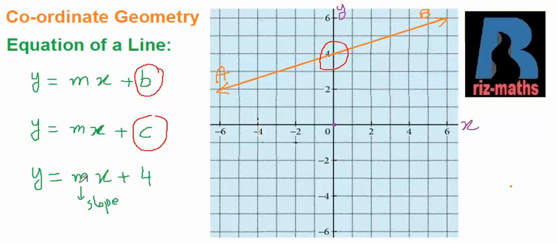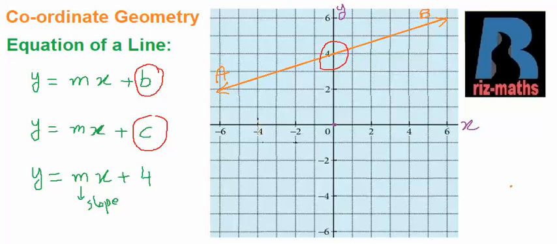How to find it, we already know from our previous video, but let's see how we will do it again. We will choose any 2 points on this line. Sometimes this value will be given to us and sometimes we will find it through the graph. If we are finding it through the graph, then choose any 2 points which we can easily read from the graph.